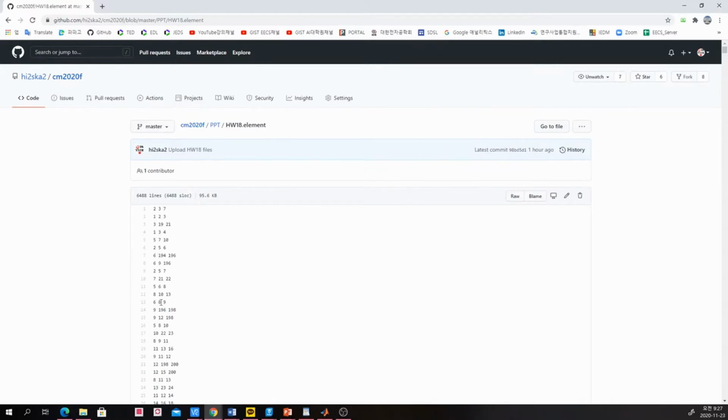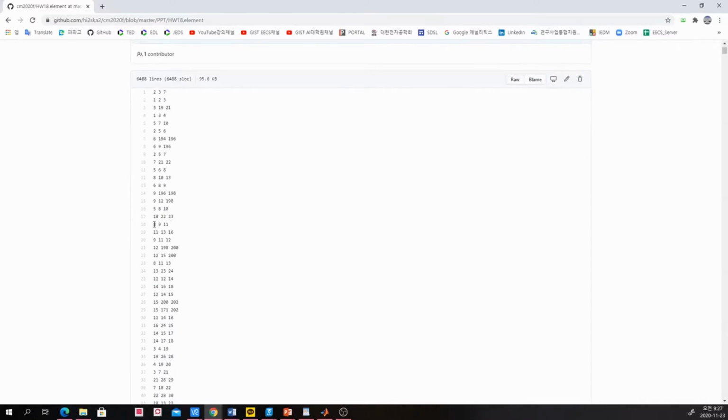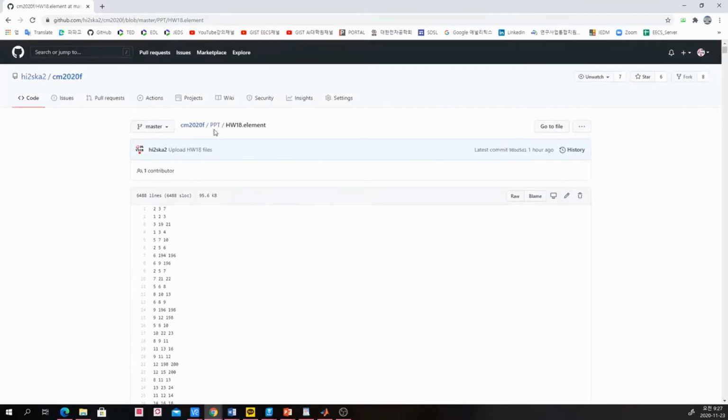For example, randomly select one: this 18th line specifies the 18th triangle, which connects vertex number 8, vertex number 9 and vertex number 11. 8, 9, 11.